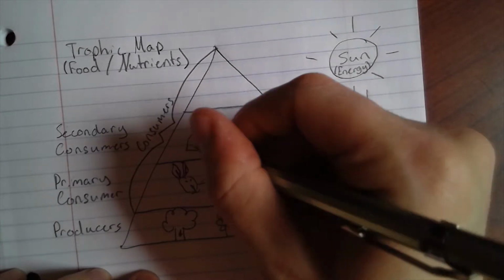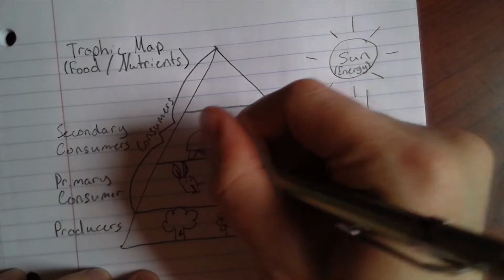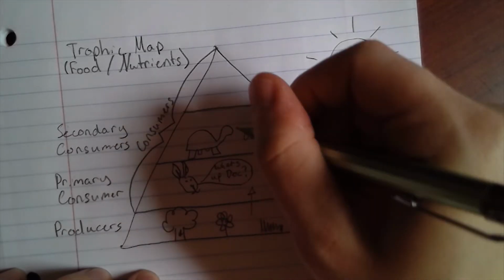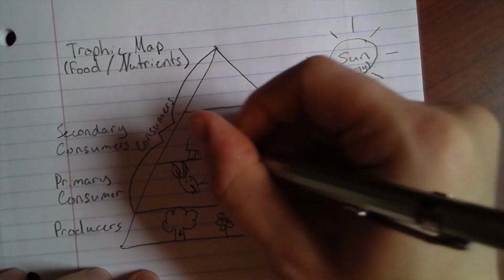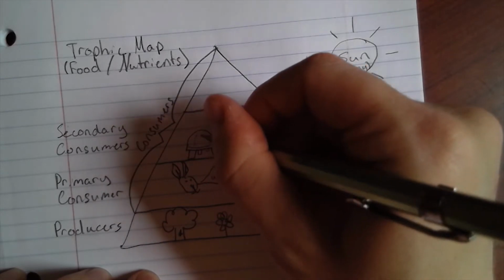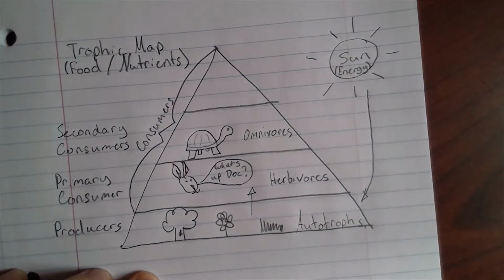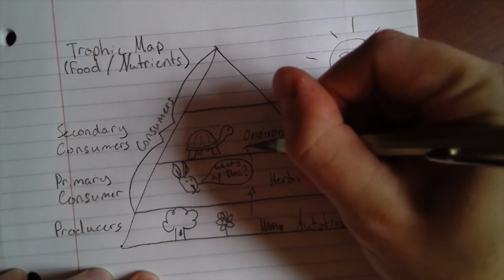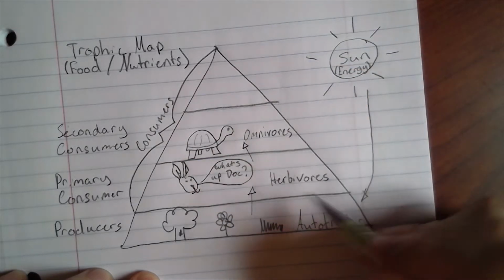These can include animals like turtles that eat plant life as well as fish. They are included in the omnivore family. So if we follow our map, they get energy from either autotrophs or plants and herbivores or meats.